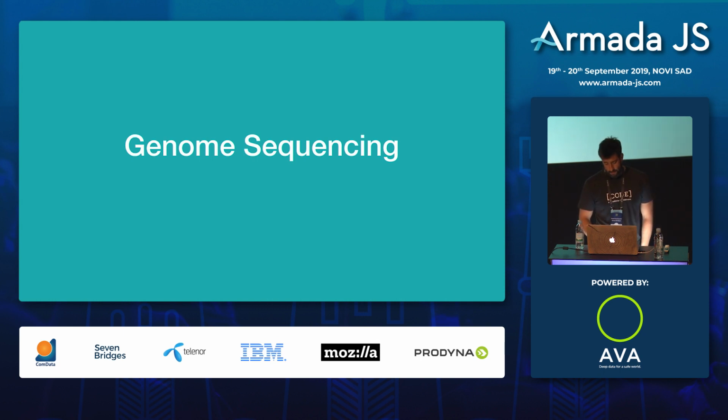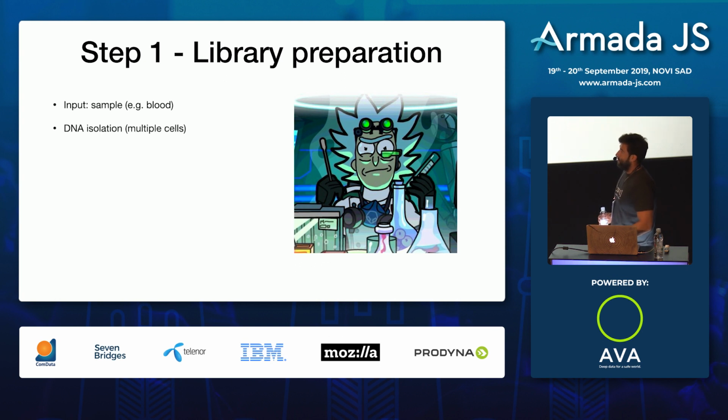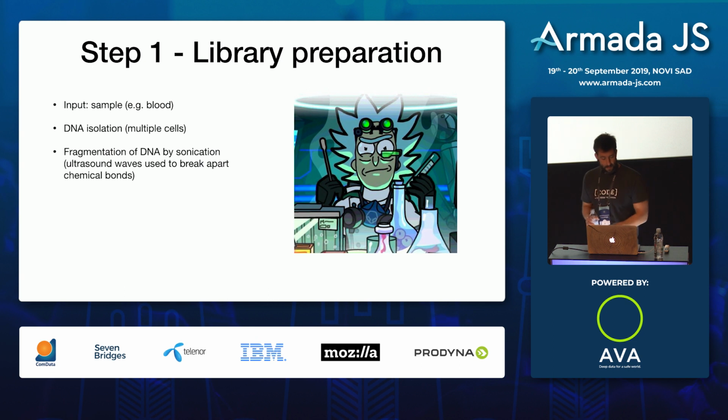You have some steps. First is library preparation. It's done by scientists. They take an input sample and isolate the DNA with some chemical reaction. Next step, they use fragmentation.